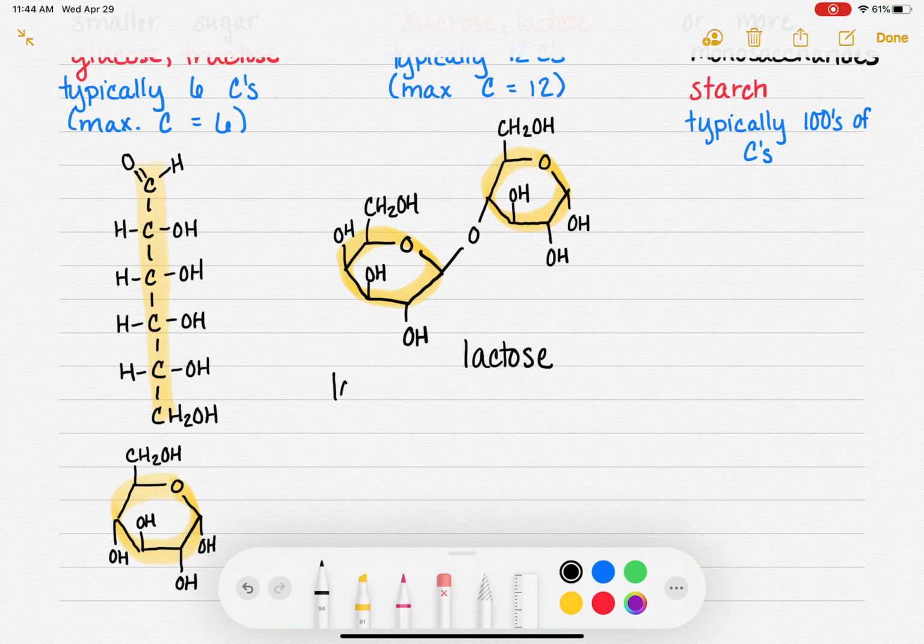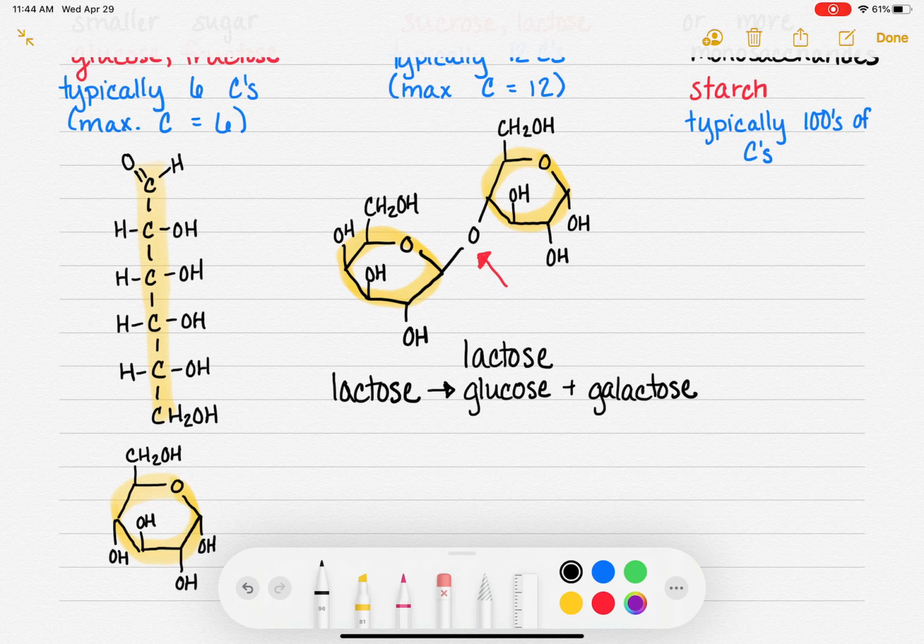Lactose, when we consume it, our body digests it by breaking it apart at this point of attachment of the 2 rings. And when we break it apart, we end up with 2 monosaccharides, and those monosaccharides are glucose and galactose.